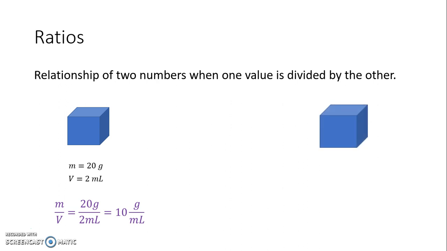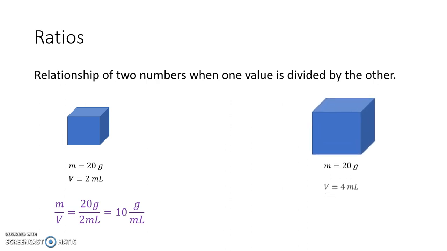Now let's take a second box with the same mass, but now double the size. When we look at the exact same ratio between mass and volume, we find that even though the mass has not changed, this ratio has. Now there are 20 grams in 4 milliliters, which reduces to simply 5 grams per milliliter.